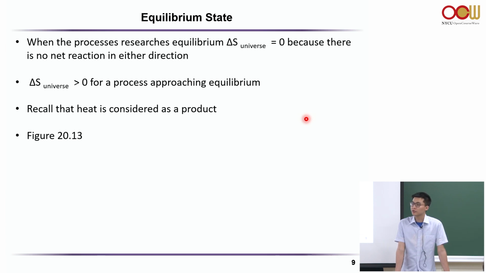So that generally describes, in order to satisfy the second law of thermodynamics, the entropy of your universe, which means your system plus surrounding, has to be bigger than zero. So their relative value, regardless of positive or negative, we're looking at it as a whole. So that means for a reaction or a process to become feasible, the change in entropy, delta S, has to be bigger than zero.